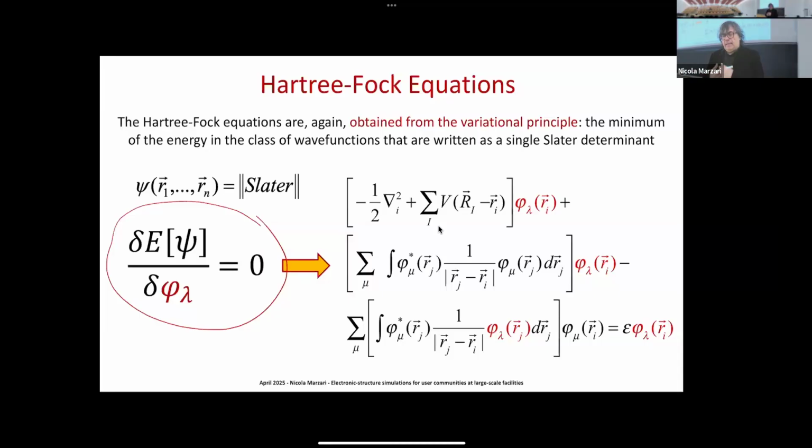Really accurate. The best that you can do these days, multi-reference configuration interaction, solves the Schrödinger equation almost exactly, but the cost scales exponentially with the number of electrons.